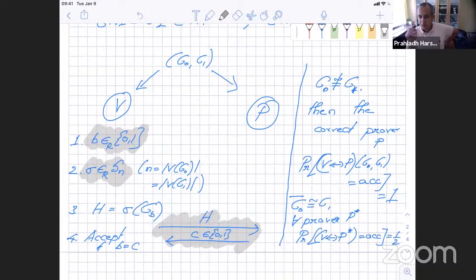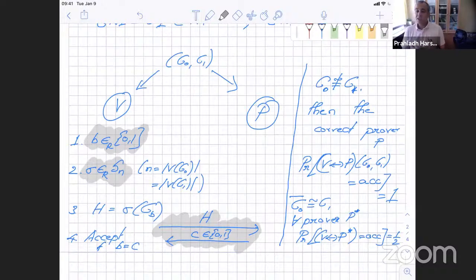I claim that this already tells you that you can do something in this model which I previously did not know how to do. If I had access to such an omnipotent prover, I can have a short conversation with the prover and convince myself that these two graphs were non-isomorphic. Previously, there was nothing I could do in a short time to be convinced that the two graphs are non-isomorphic; I needed to look at an exponentially long string.